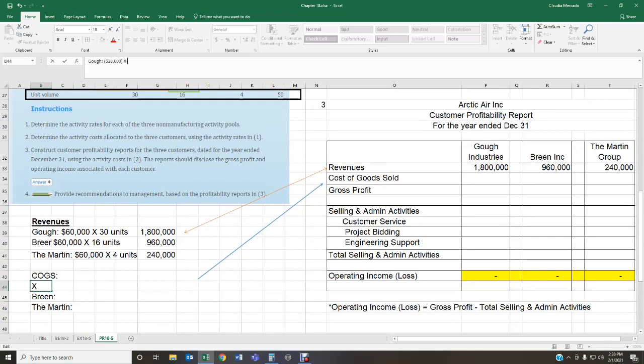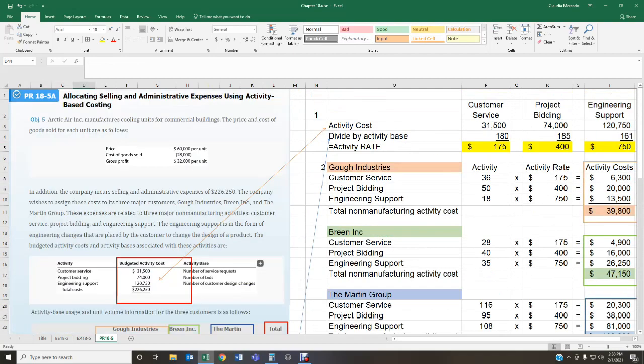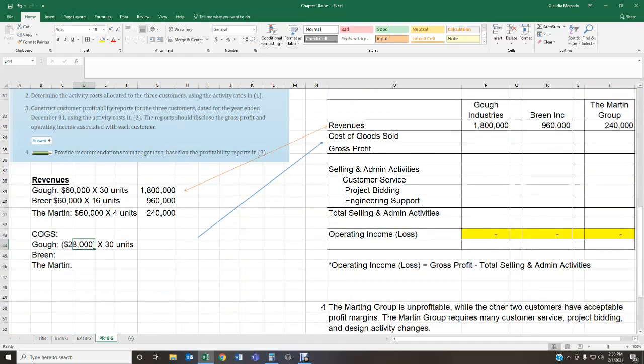I'm going to multiply by 30 units. Where am I getting those 28,000 from? From up here where it says cost of goods sold is 28,000. That is how much we spent on each of our cooling units. That's how much the expense is to make. So that's negative 28,000 times 30. That's going to give me negative 840,000.